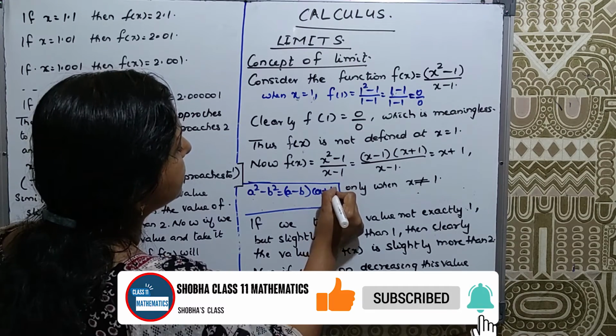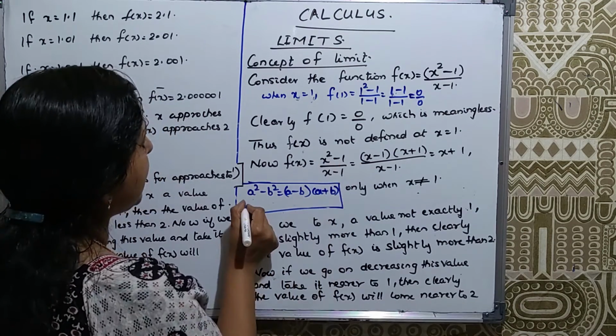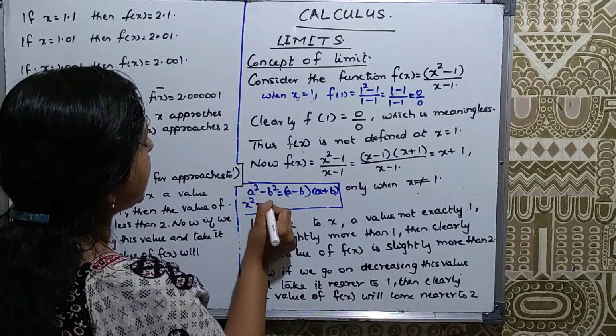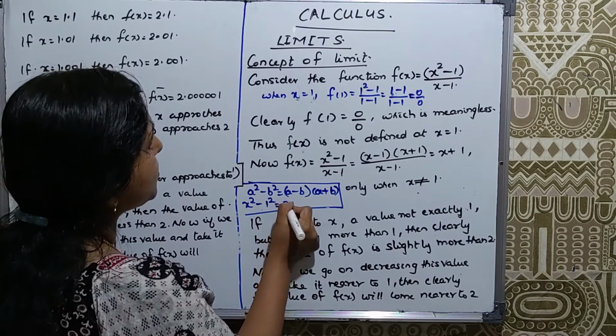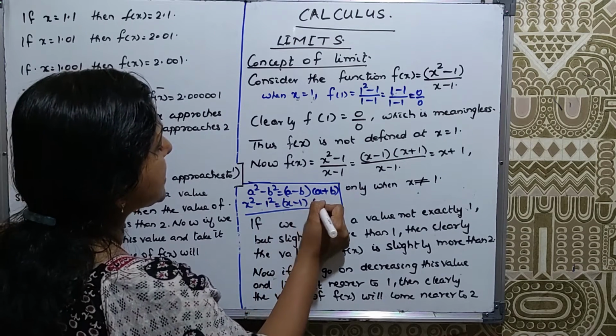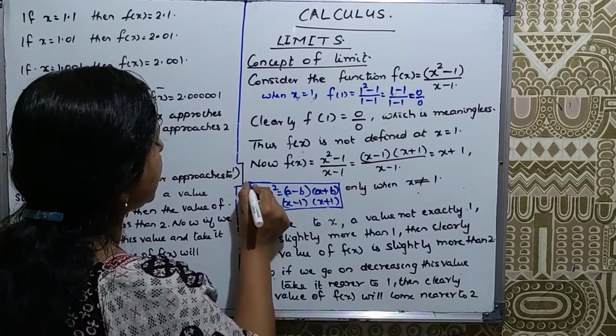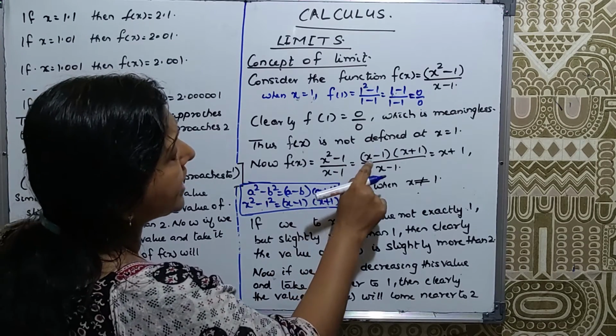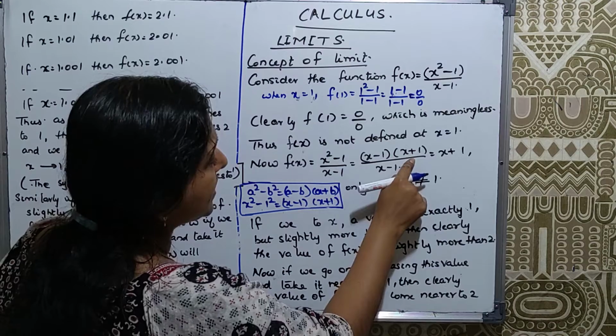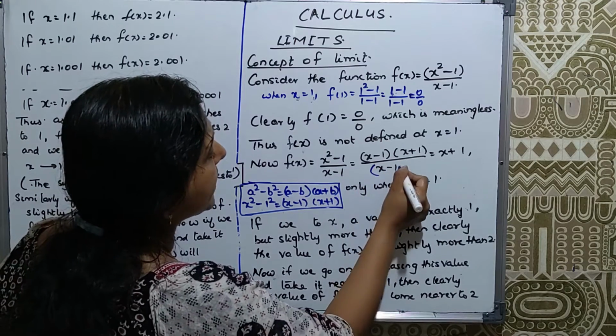So we write x squared minus 1 as x minus 1 into x plus 1, divided by x minus 1.